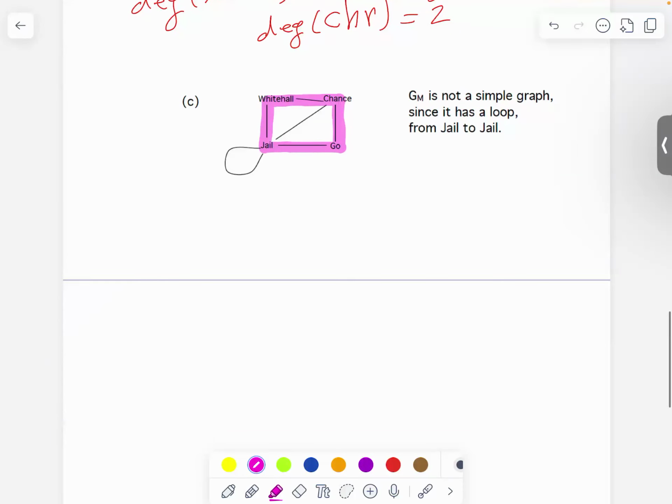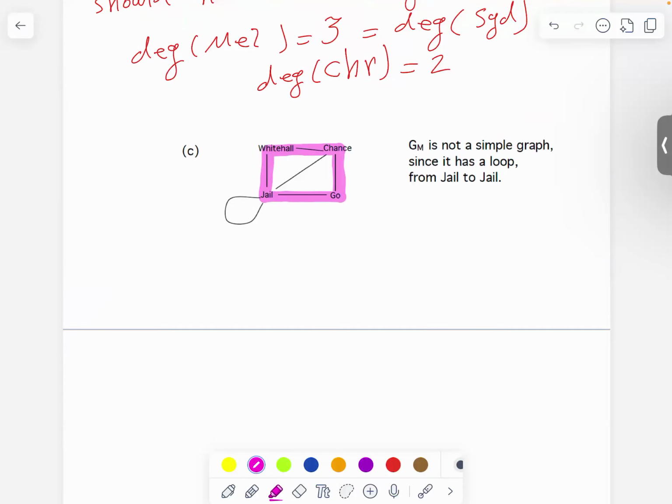So this means it is a Hamiltonian cycle. Consequently, we can call this graph a Hamiltonian graph. So part C is a Hamiltonian graph.